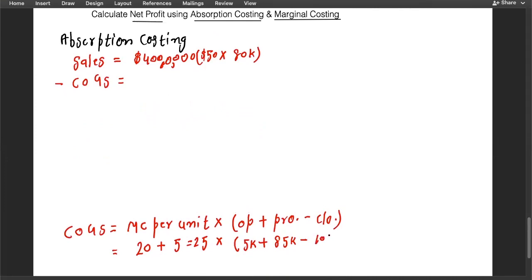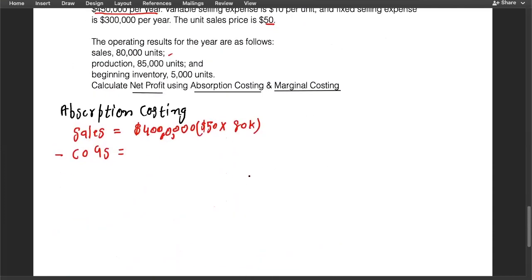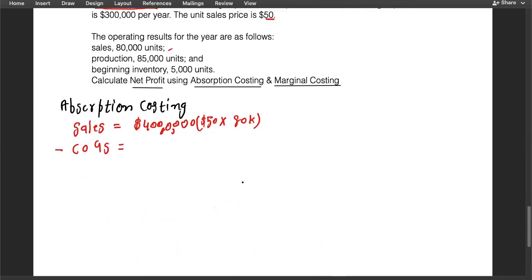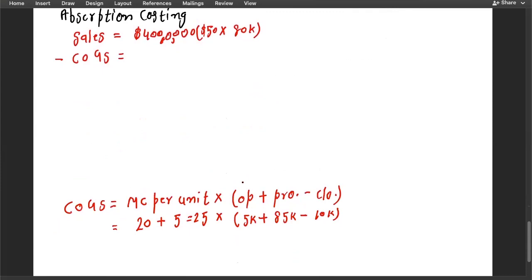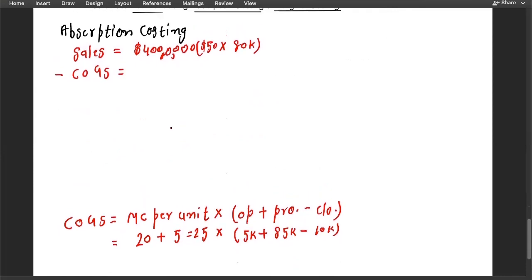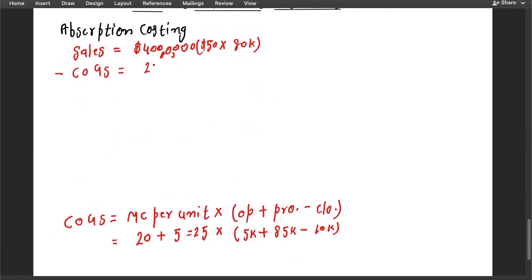Yes. Closing is 10. So how much is that? 80. 80 multiplied by 25. So how much is cost of goods sold? Cost of goods sold is 2 million. That's right. So this number is 2 million.